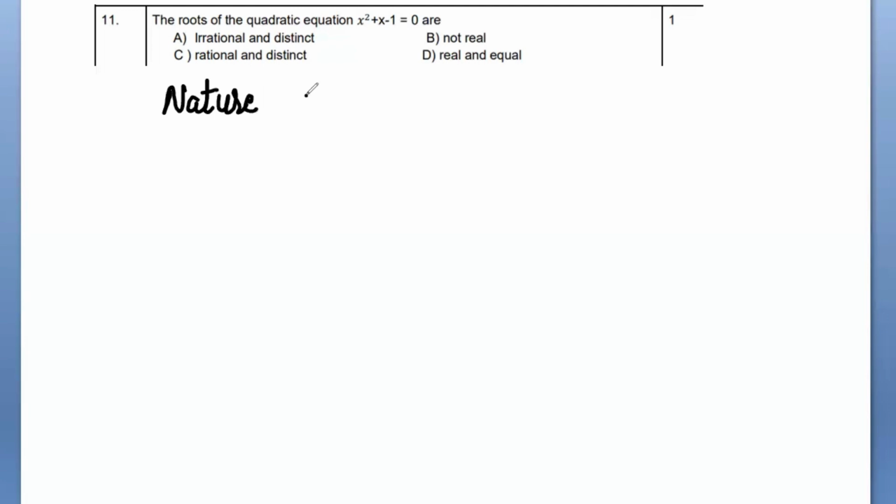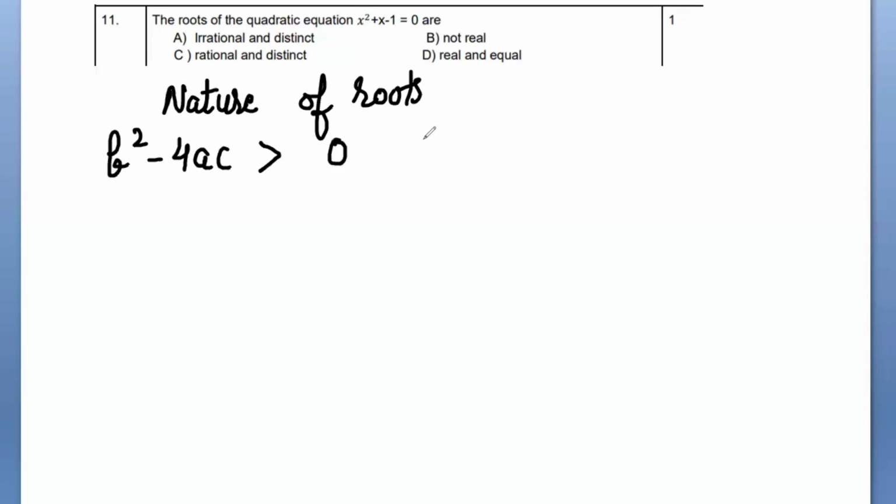Now, if I need to find out the nature of roots of a quadratic equation, I just have to look for some rules. The first rule is if the value of b square minus 4ac, which is called the discriminant, is greater than 0, that means the equation has two distinct roots.